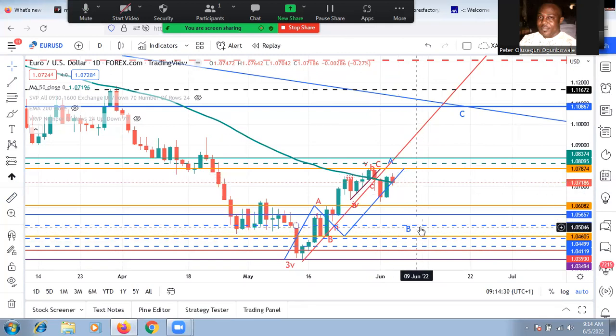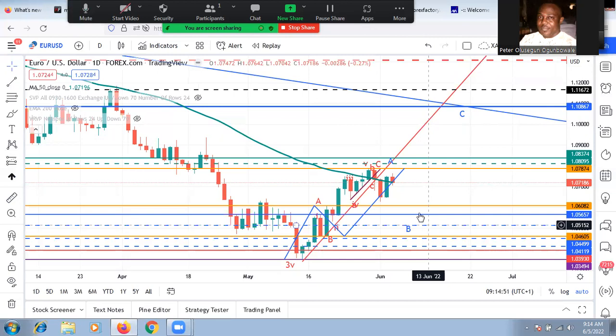The last C will decide where we get out, really. So for now, I might want to put my TP around 61, around this area.